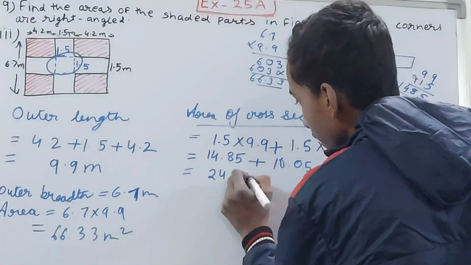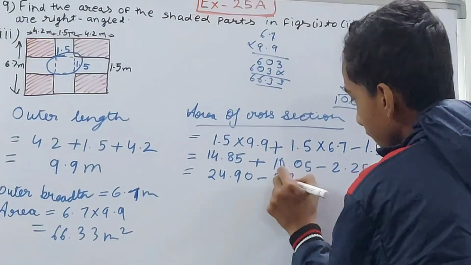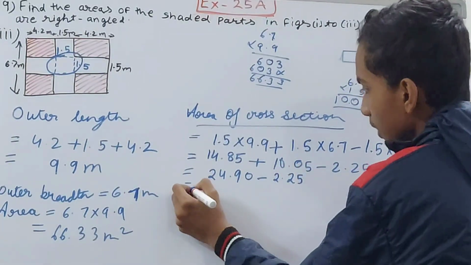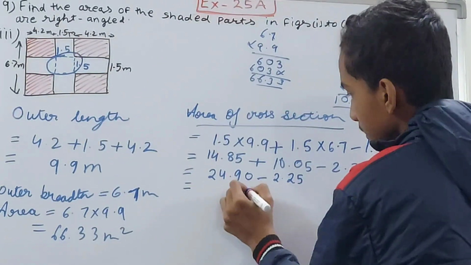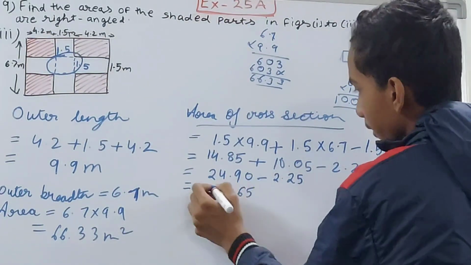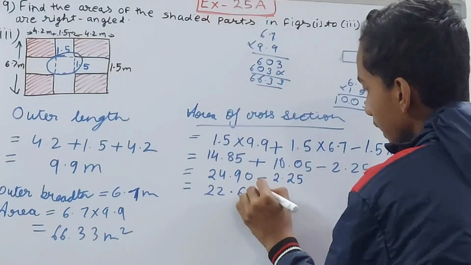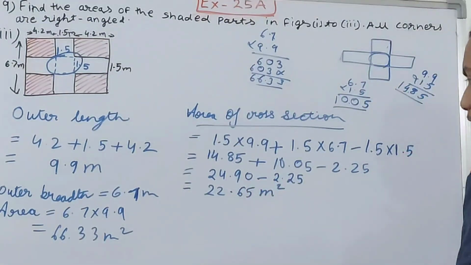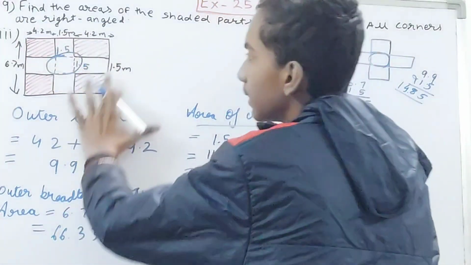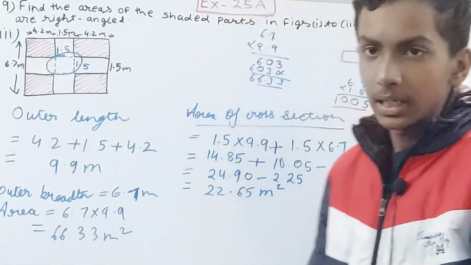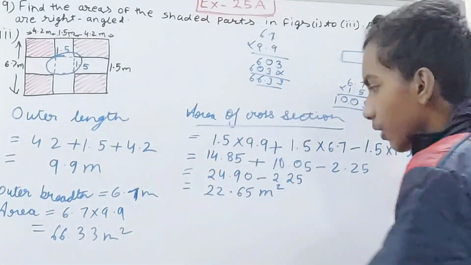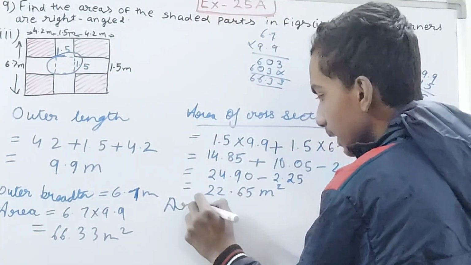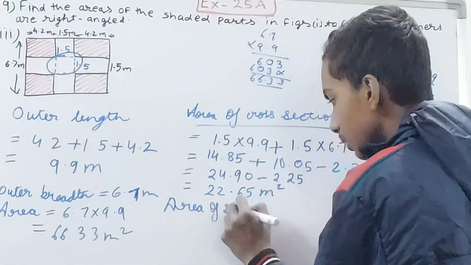So 24.90 minus 2.25, that's 22.65 square meters. So this is the area of this entire plus sign that is here, that is 22.65 square meters.